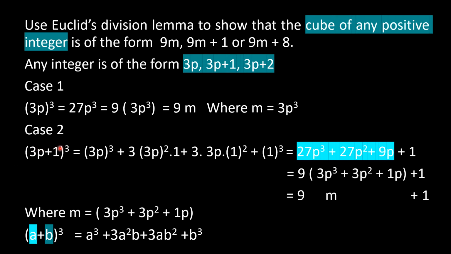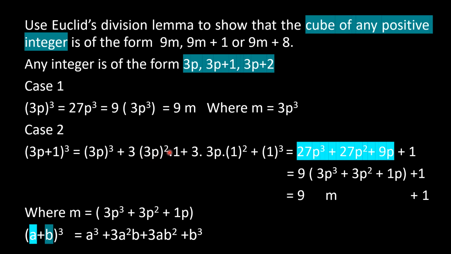And case 2, 3p plus 1 the whole cube. For this, you have to use the a plus b the whole cube formula. A plus b the whole cube is a cube plus 3a square b plus 3ab square plus b cube. A cube is 3p the whole cube, plus 3 into a square, 3p square, into 1, plus 3 into a, b square, 3p into 1 square, plus 1 cube.